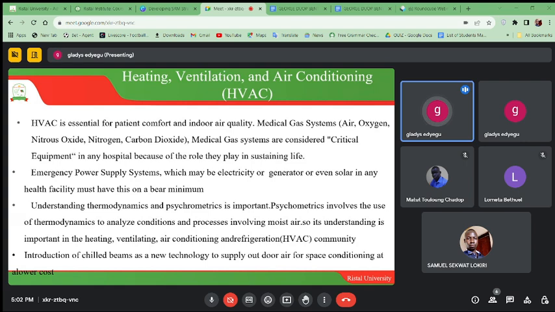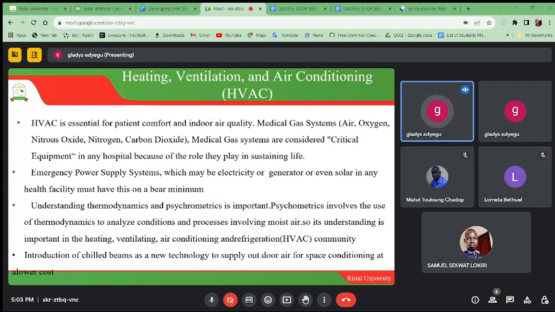So HVAC is essential for patient comfort and indoor air quality, whereby the medical gas systems, air, oxygen, nitrous oxide, nitrogen, and carbon dioxide, are considered very critical equipment in any hospital because of the role that they play in sustaining life.